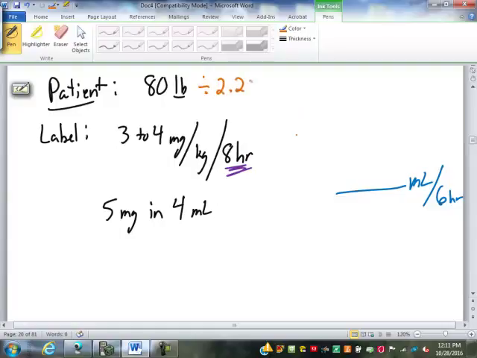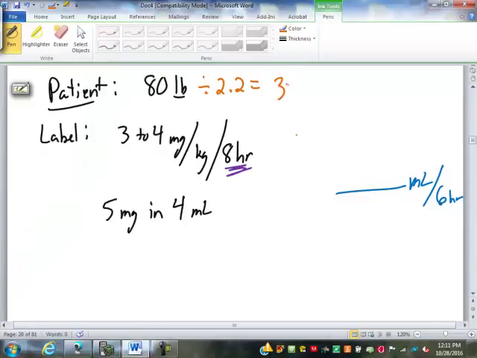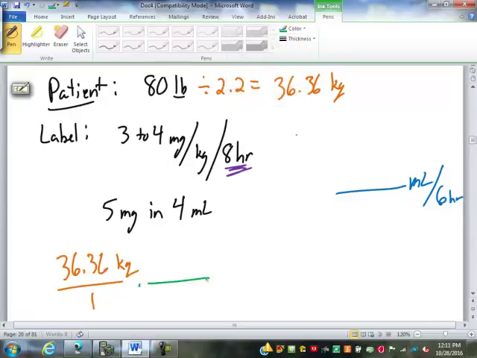So divide by 2.2. 36.36 kilograms. So we've got 36.36 kilograms over 1. Kilograms on bottom, milligrams on top. We're going to go to the maximum dose again, the 4 milligrams per 1 kilogram.